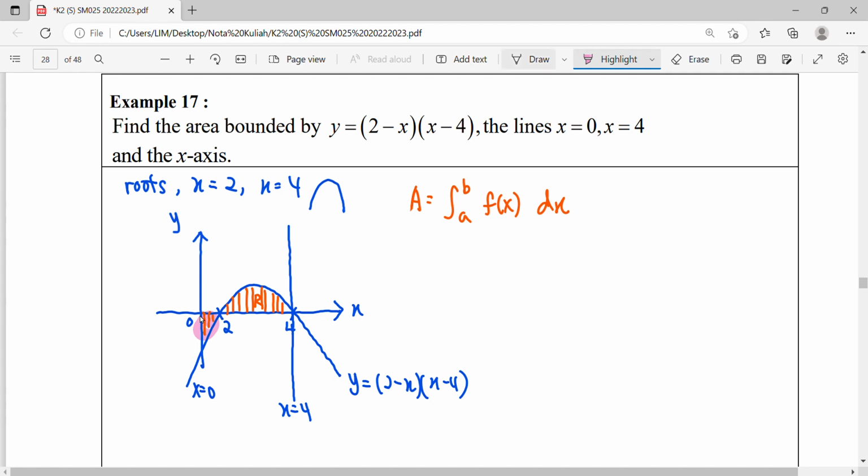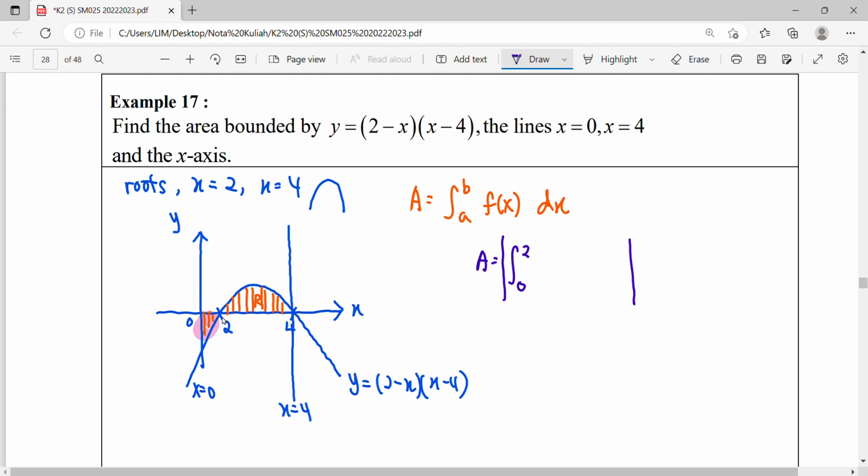We start from 0 up to 2. We have to stop there because this is the negative area, so we put modulus in the integration.